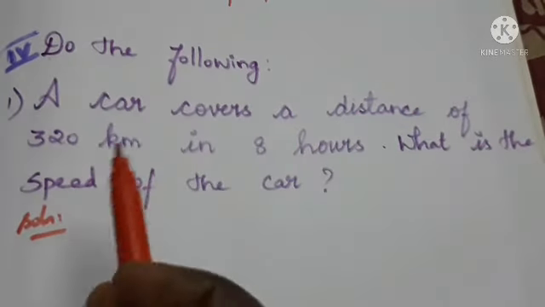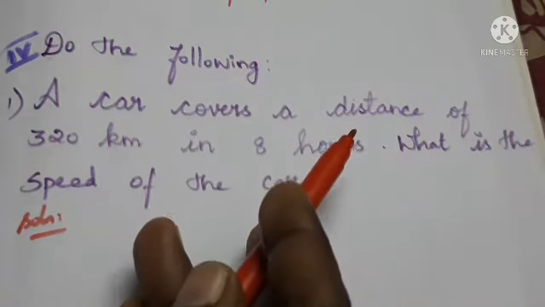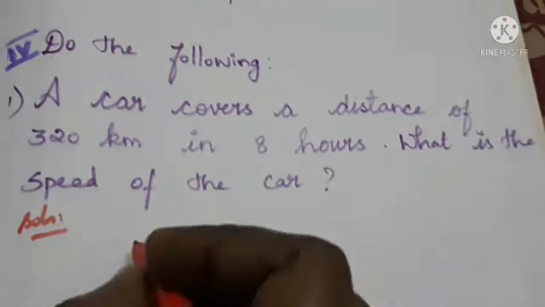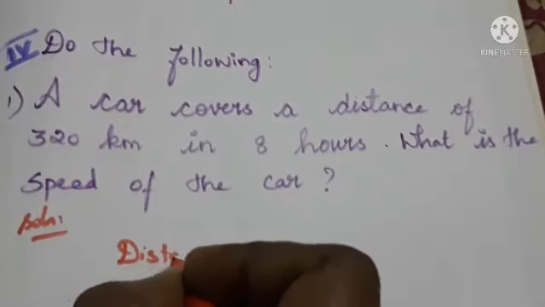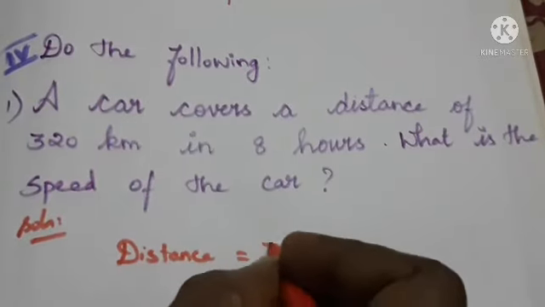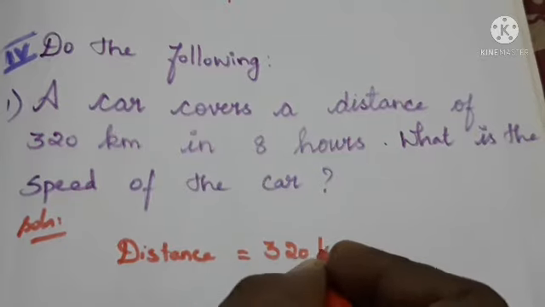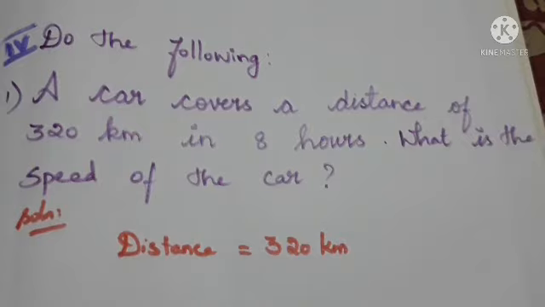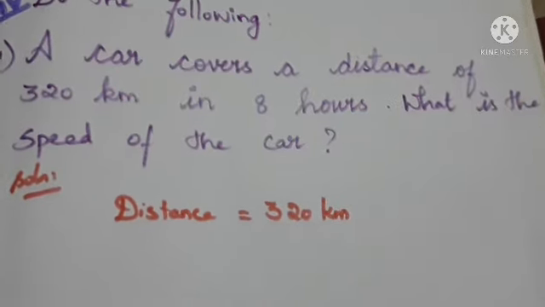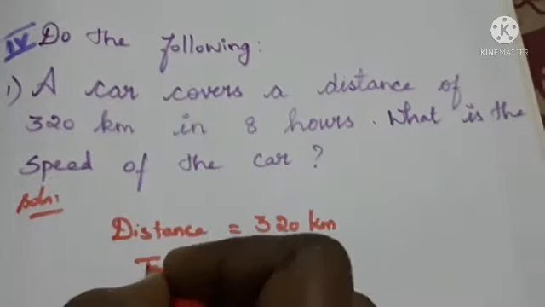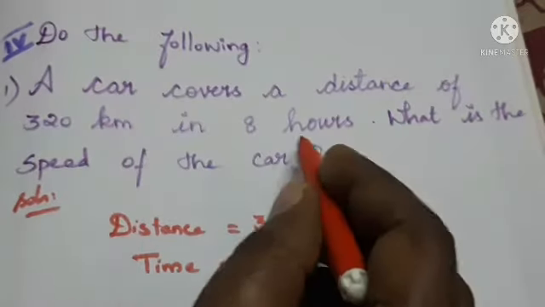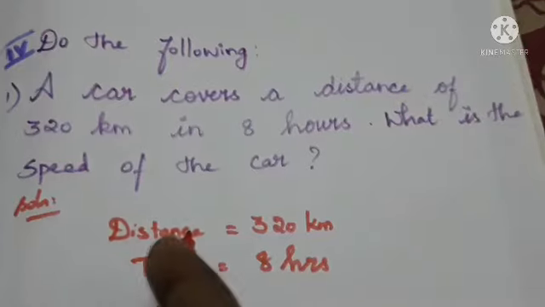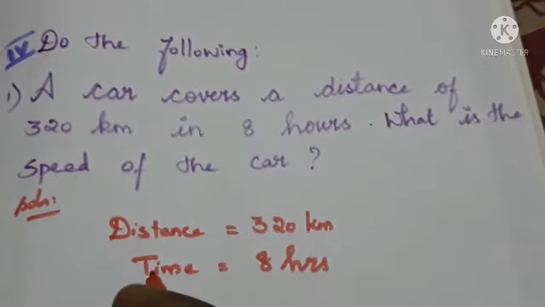Listen, here they have given the distance and the time. So first we write the given things. Distance is equal to 320 kilometers. It is not given in meters, it is given in kilometers. Next, time is equal to 8 hours.